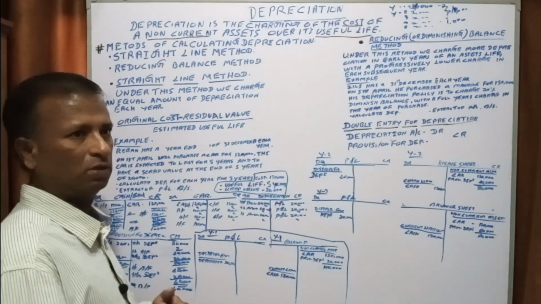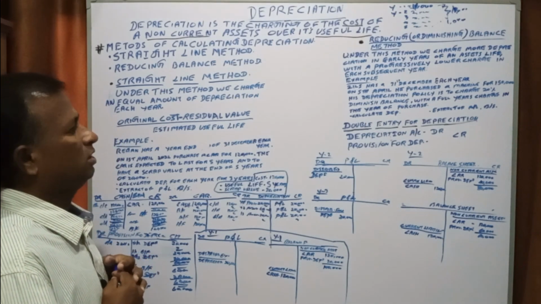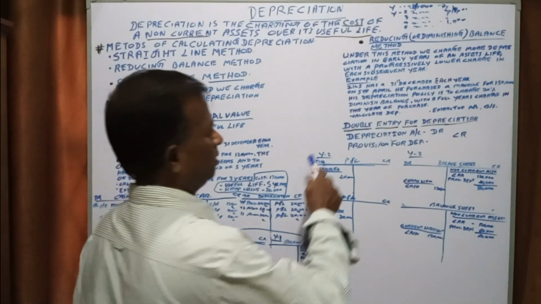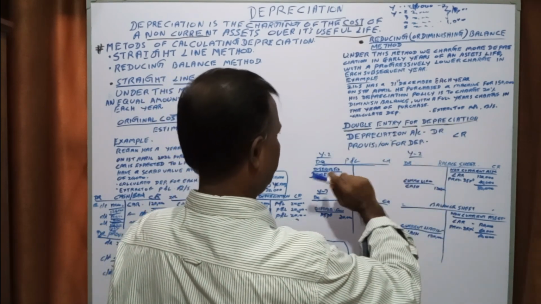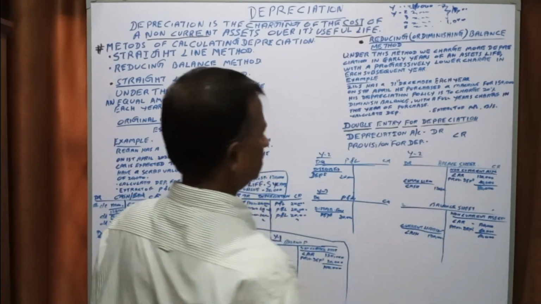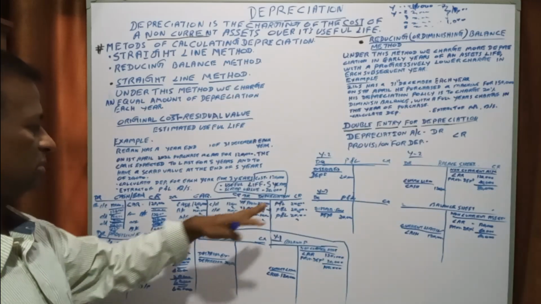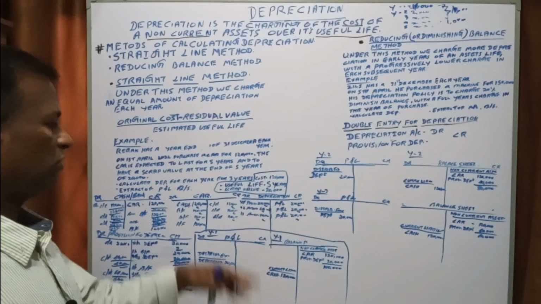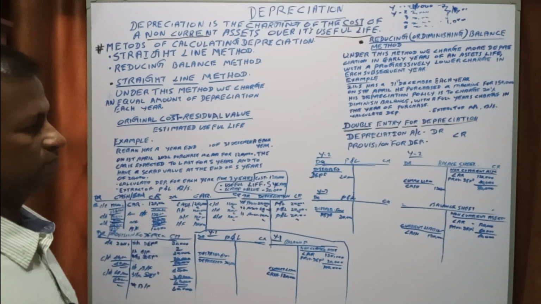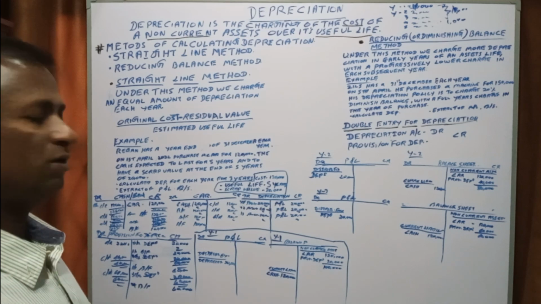Understood, the double entry of depreciation: debit depreciation account, credit provision for depreciation. Now I am going to erase these accounts, so before that, if you want, you can take down the figures. I will give 5 minutes.